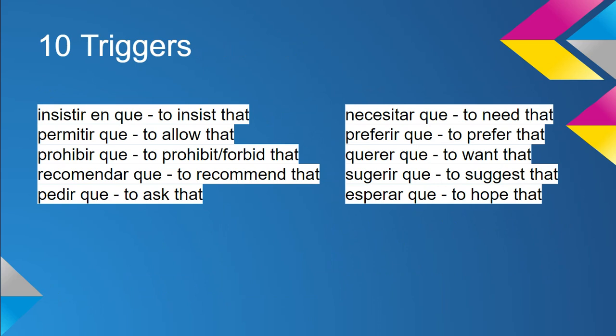To need. Again, it doesn't translate exactly to English. There's not a direct English equivalent, but in Spanish, you would say you need that somebody do something. In English, I would say, hey, I need you to come with me. In Spanish, I would say, I need that you come with me. To need, present tense. You come, subjunctive. Prefer that.